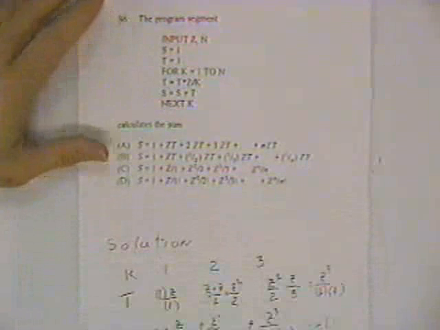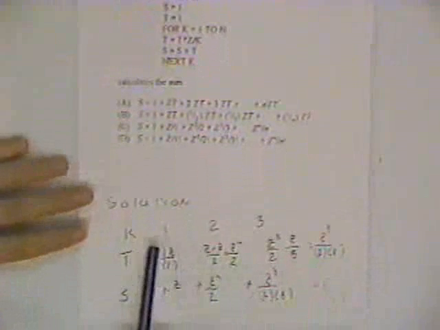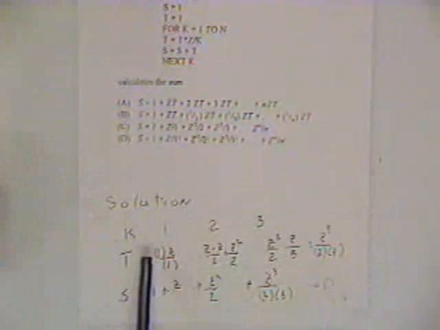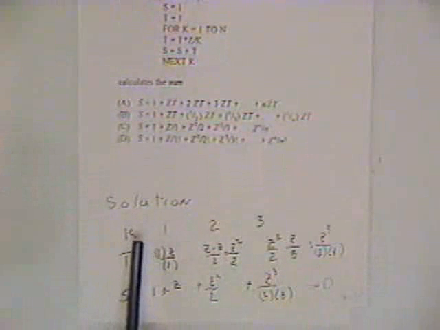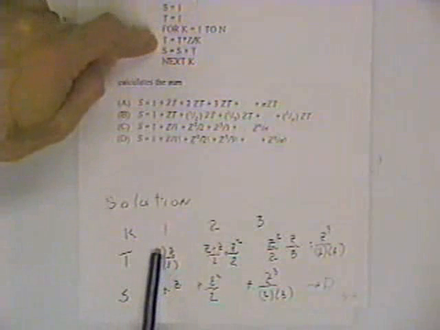The way that I always attack these is to act like a computer and write down things that happen step by step. All right, so what I do when I do these sorts of problems is to sit down and write down the values of a variable and keep track of them step by step. All right, so when we begin with that loop, we'll have k equal to 1. If it comes down then, the computer will then calculate t.